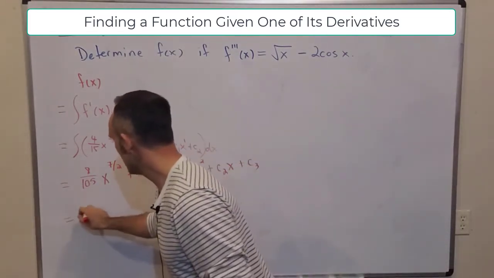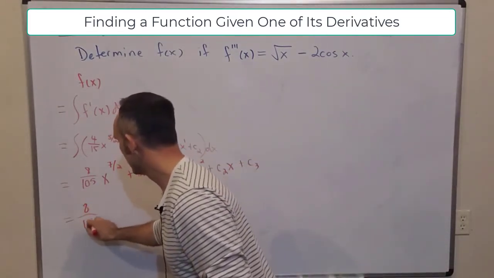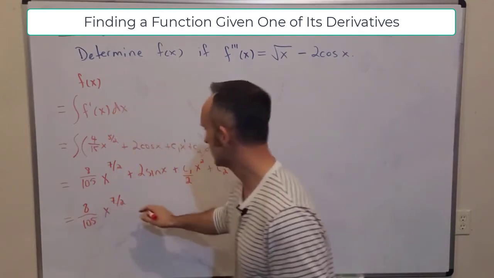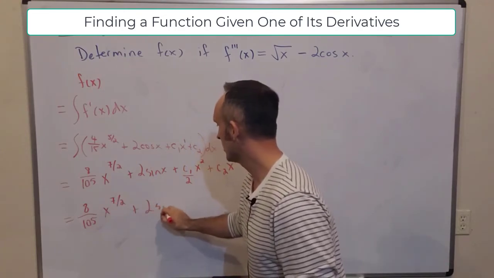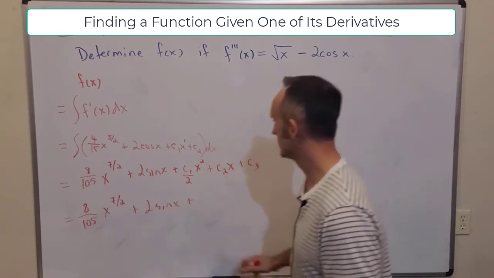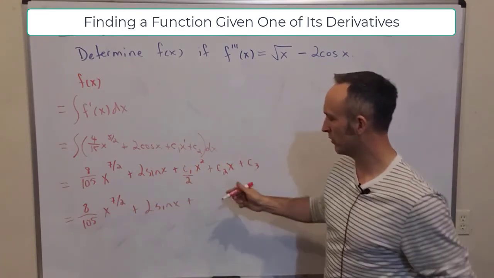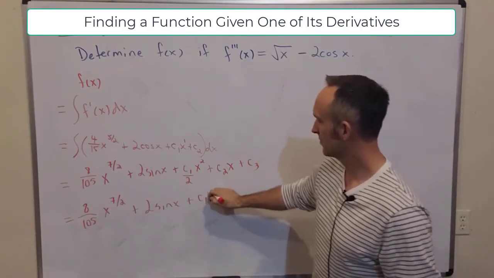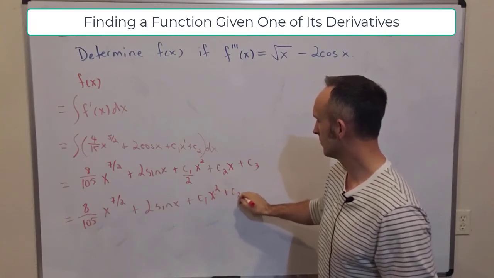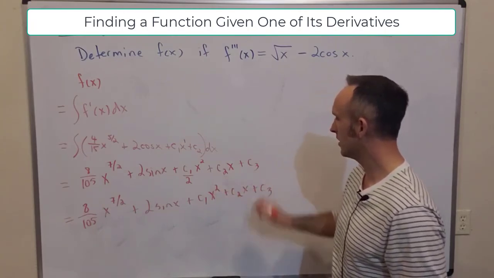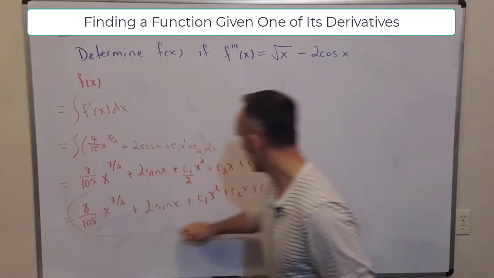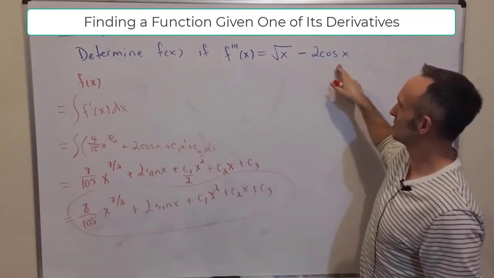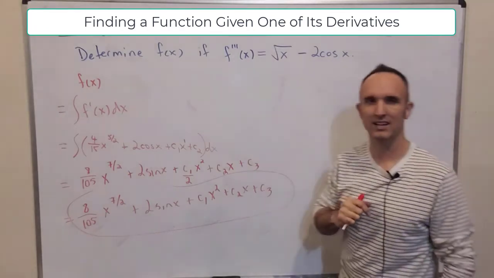So this is the same thing as 8 over 105 times x to the 7/2, plus 2 sine x plus, and instead of calling this c sub 1 over 2, we could just call it c sub 1 again, because it's just a constant. Okay? And so this is your f of x function if f triple prime of x is square root of x minus 2 cosine x.